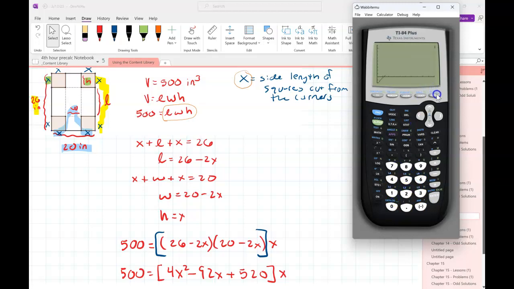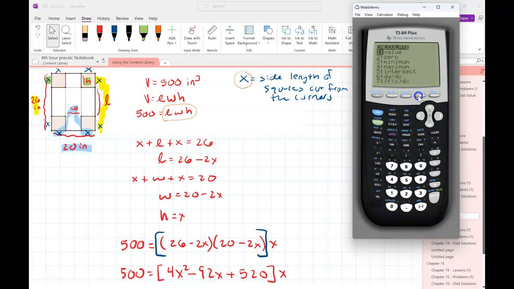All right. So here's our picture. What am I interested in? The x-intercepts. So I'm interested in this point and then that point. How do I find the x-intercepts? I press second and then the trace command.